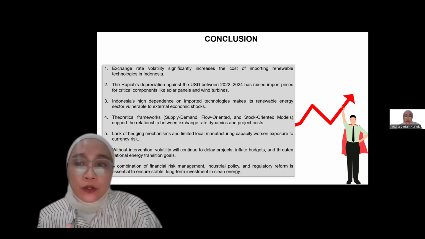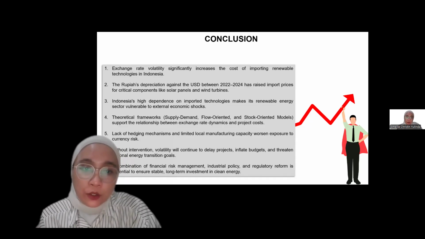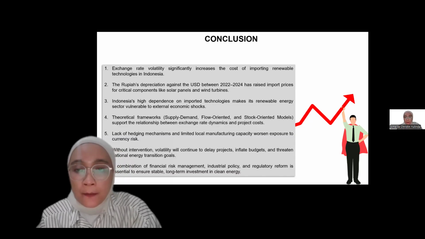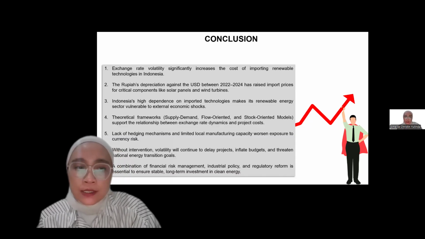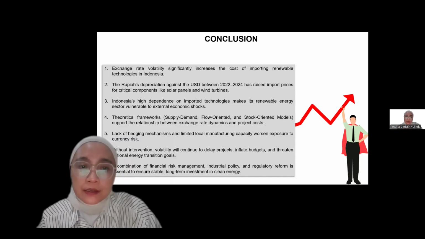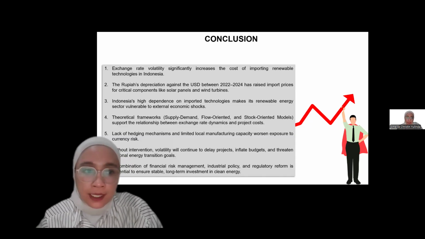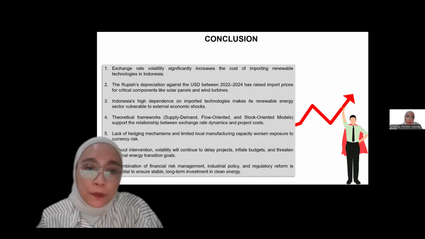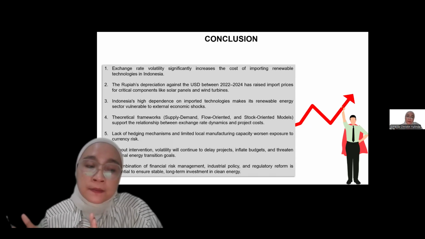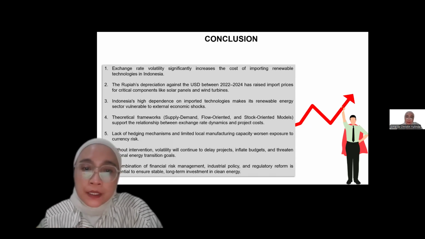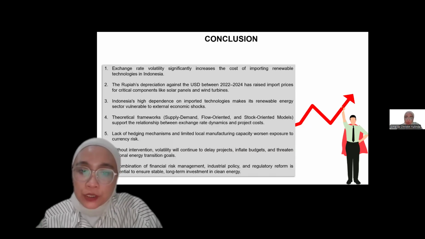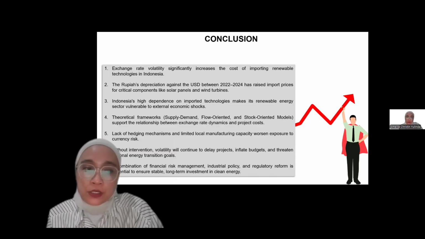And the third, Indonesia's high dependence on imported technology makes its renewable energy sector vulnerable to external economic shocks. The fourth, about the theoretical framework, we already talked about it. We used the supply-demand, flow-oriented, and stock-oriented models. This supports the relationship between exchange rate dynamics and project cost.